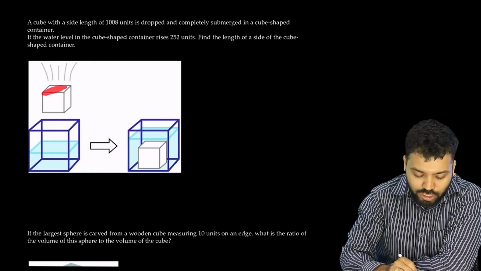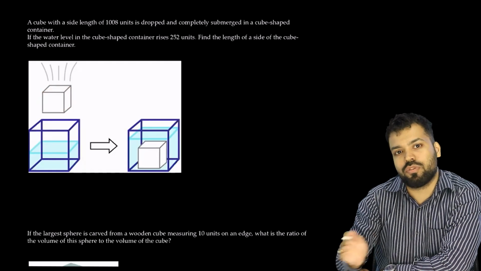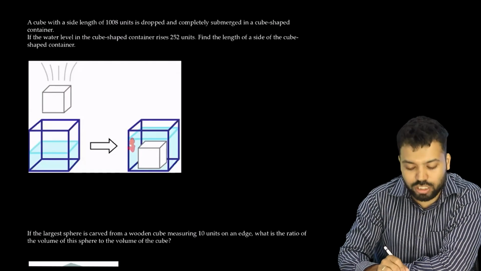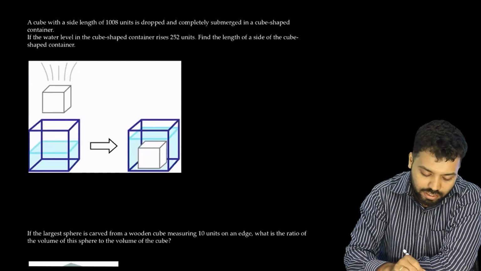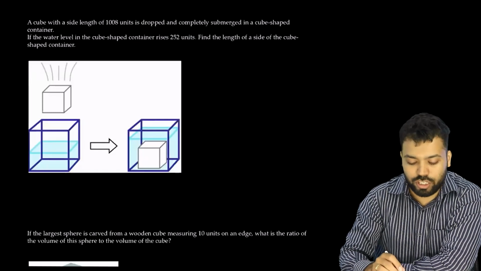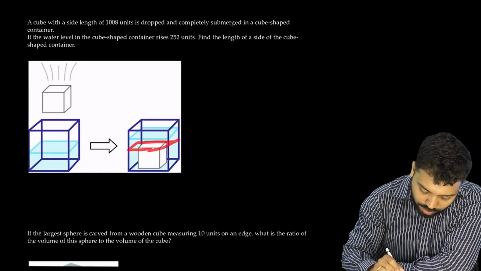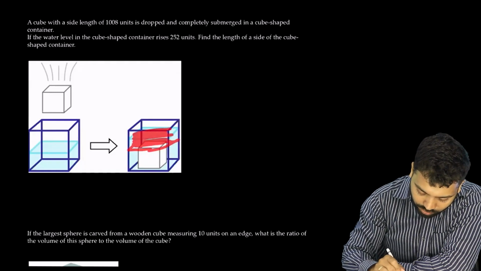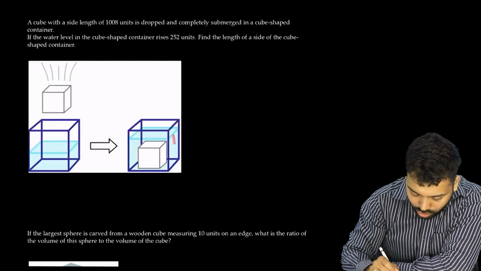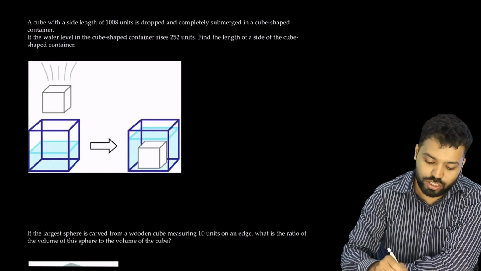Whatever object you put inside water, the volume of that is the same as the volume of the water which is displaced. In our case, the volume of the water displaced is around this much water. And they are telling the level of the water in the container has increased by 252 units. Originally it was here and this height is 252 units.